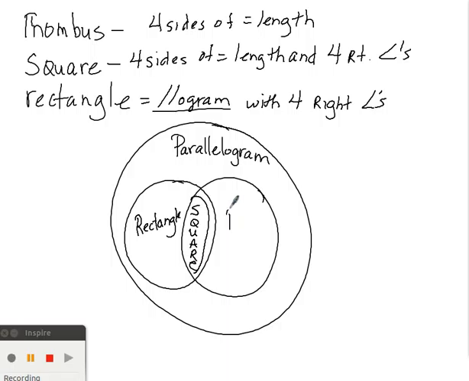Rhombus would come over here. Because every square is a rhombus, but not every rhombus is a square, because not every rhombus has to have four right angles. So you have to try to keep that straight. Sometimes we refer to a rhombus as a square that got tilted over.